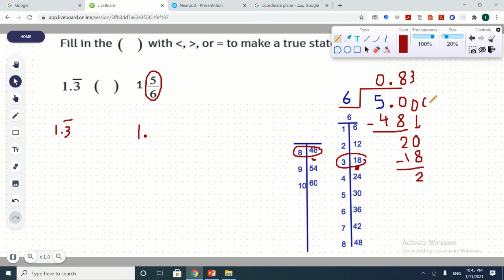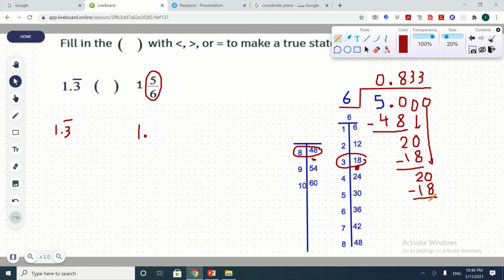We must add 0. Take it down. It will be 20. Again, it will be 20. It's near to 18. فبيكون فيها كم ستة؟ فيها 3. 3 multiplied by 6 is 18.